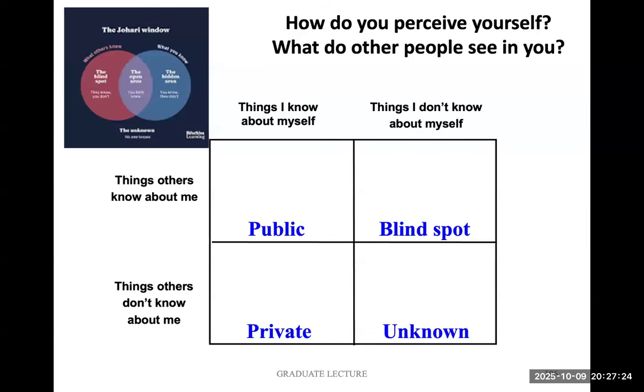You understand? And there are things that neither you nor the public know about yourself. You understand? These are realities, and they mean a lot. If you want to reduce your blind spots in life, your blind spot is the things you don't know about yourself and the public know about it.